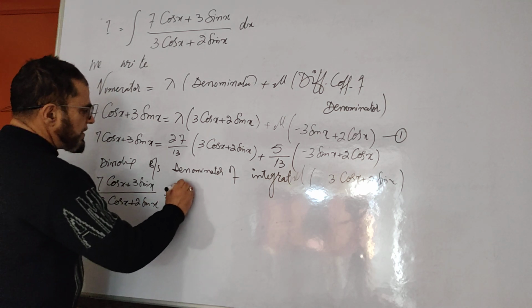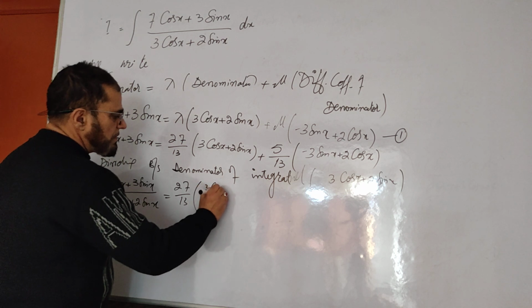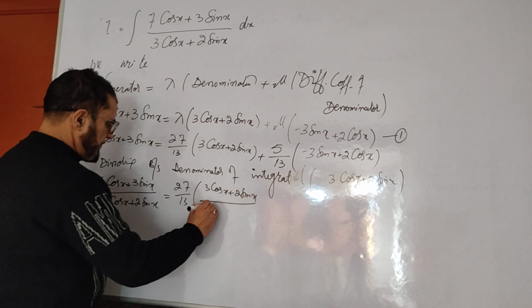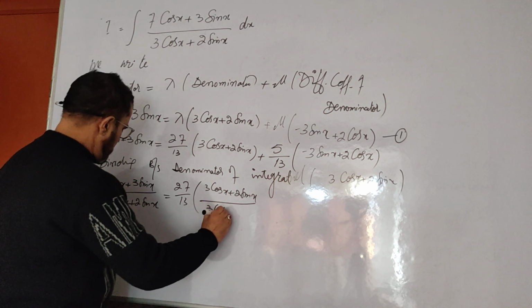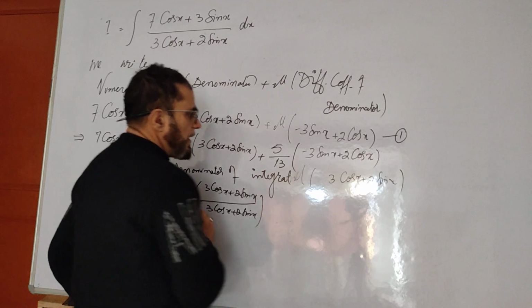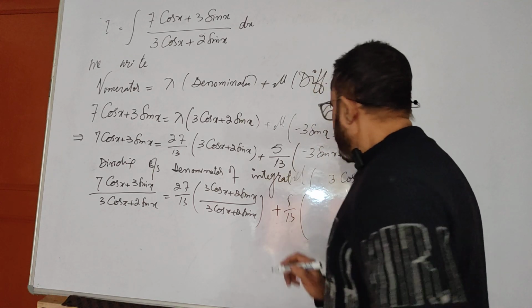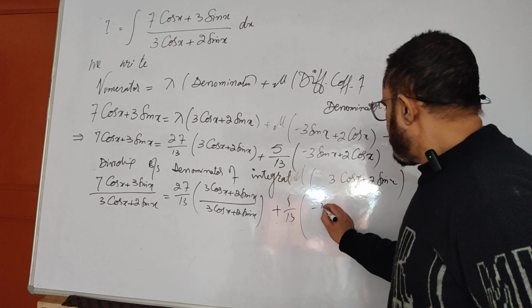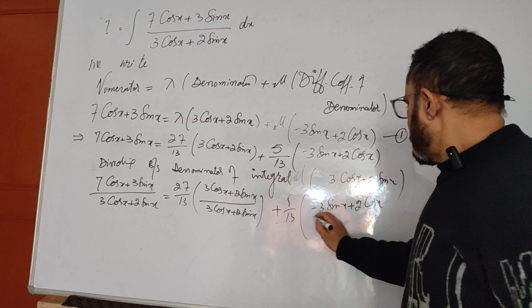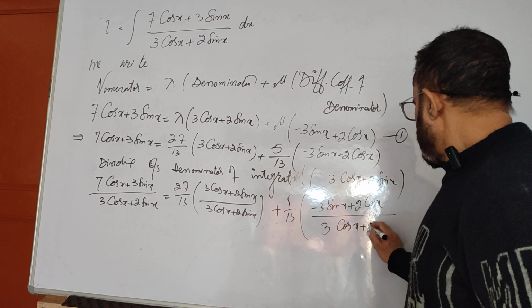It is 27 by 13 times 3 cos x plus 2 sin x upon 3 cos x plus 2 sin x, plus 5 by 13 times minus 3 sin x plus 2 cos x by 3 cos x plus 2 sin x.